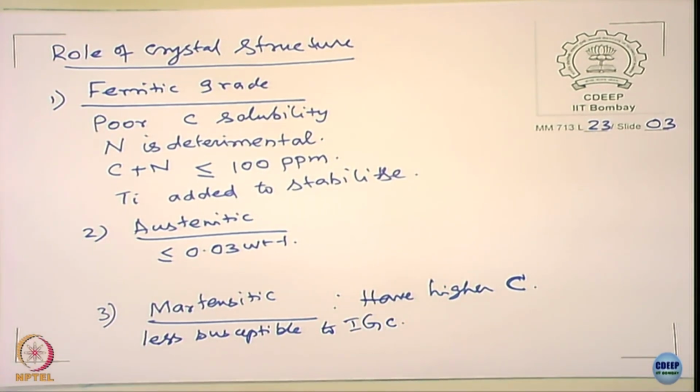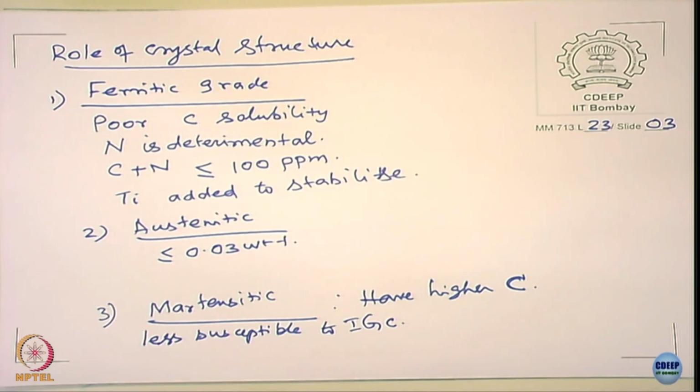Can you tell me why? The martensitic stainless steels are used in what condition generally? You use it in fully martensitic condition? How do you do that? You temper it, na? If you don't temper it, then what happens? Then it becomes so brittle, the toughness is so bad. So when you temper it, what happens? They form carbides, right?